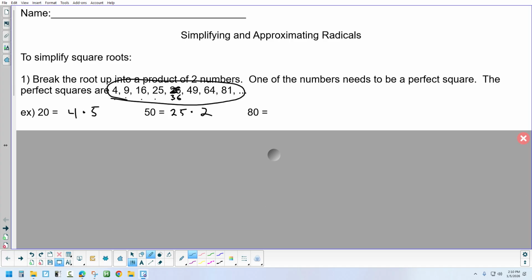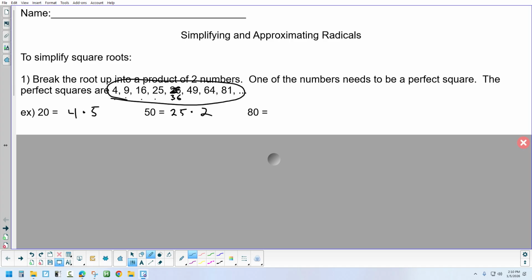I'm going to show you the next step in a minute. Let's just do one more of these. How about 80? Anybody see how you can write 80 as a product of two numbers, and one of them has to be in that list? 16 times 4? That would give you 64.